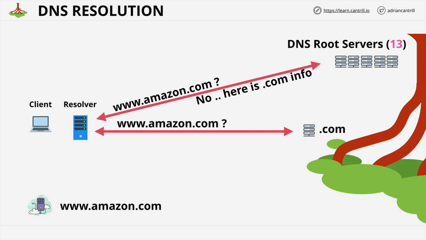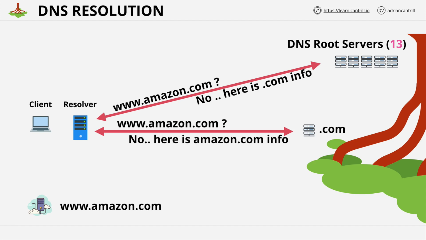Now, the server is only authoritative for .com, so it doesn't actually have any information on www.amazon.com, but it does have the name servers which are authoritative for Amazon.com because it's delegated that right when the domain was registered, and so it returns those name servers.